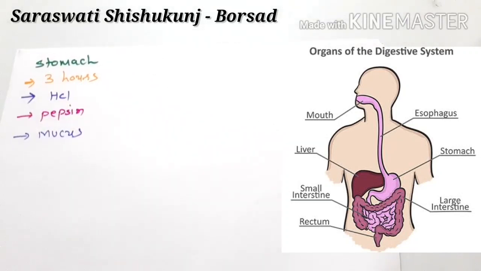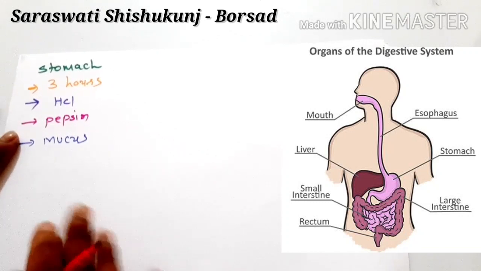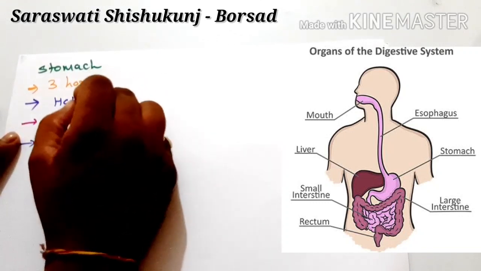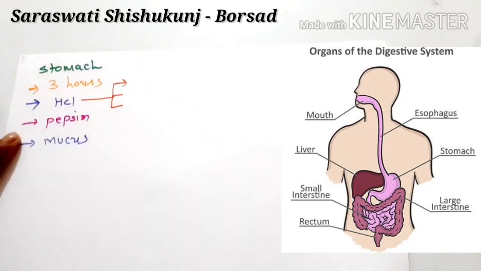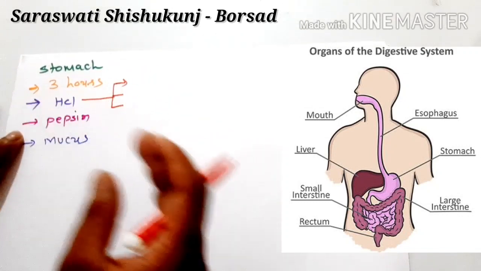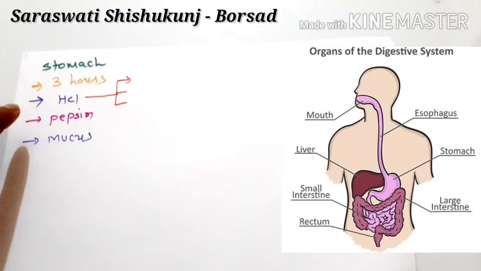Now let's see how HCl, pepsin, and mucus are useful to us. First of all, the food taken from the mouth through the esophagus goes into the stomach, and there will be secretion of HCl, pepsin, and mucus.